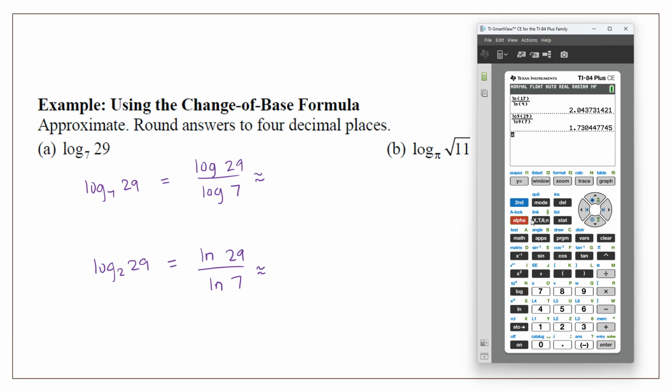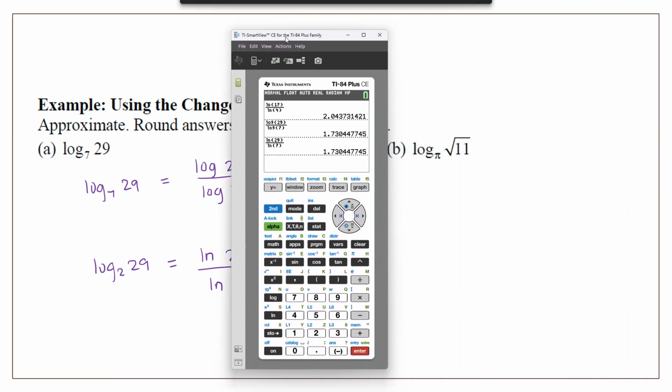Now let's do the natural log 29 over natural log 7. Awesome, and we get the same values. So it is 1.7304 rounded to 4 decimal places. All right, let's do the next one.